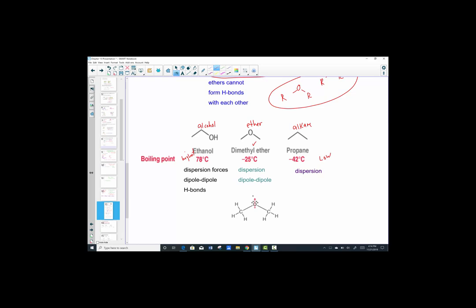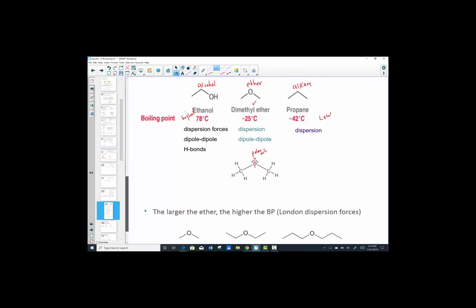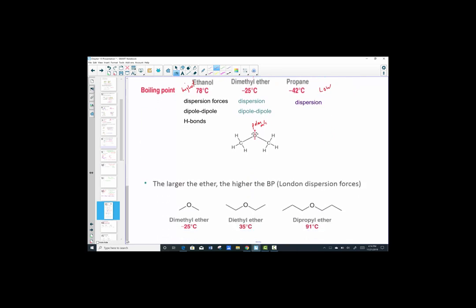Notice that we mentioned ether is a polar molecule. There is an interesting component, electron density pulled toward the oxygen to create dipole-dipole interactions. It would not exist in straight chain propane. And keep in mind, because surface area plays a large role in dispersion forces, the larger the surface area for ethers, the higher the boiling point.